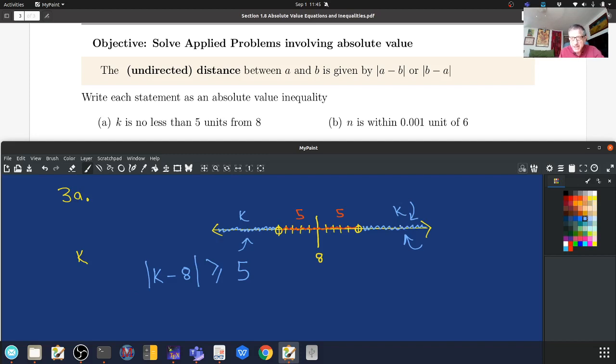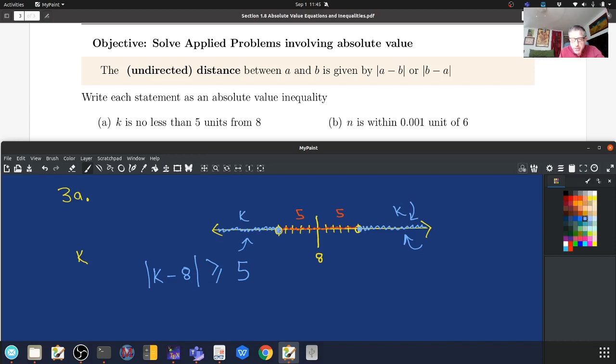So if I take any number up here and subtract 8 from it, it will be either greater than or equal to, I guess k is included. If I've got the equal sign here, k can actually be there. Yeah, so k can include 5.